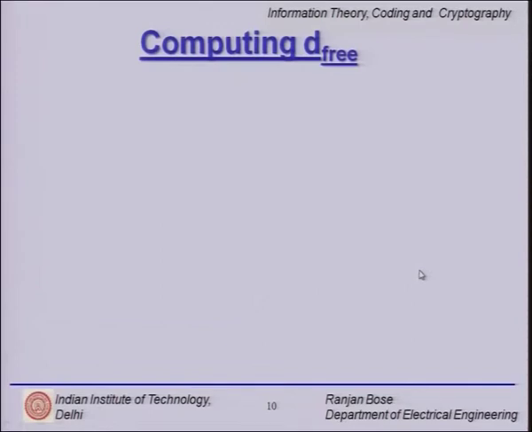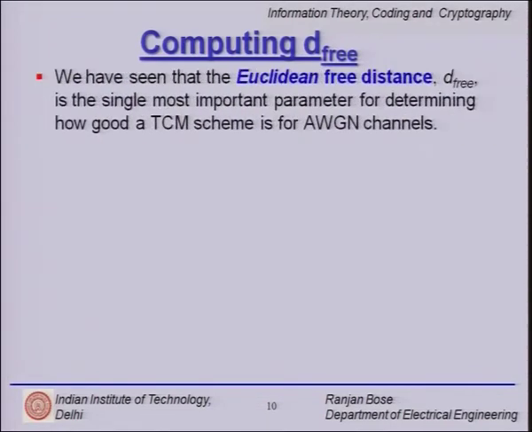Now, since d free is such an important parameter, we spent a few slides talking about computing d free. Please note that this statement is correct when we are talking about additive white Gaussian noise channels. When we go to fading channels, we will have a slightly different parameter that we will shortly talk about.